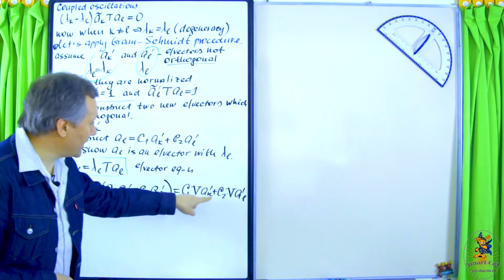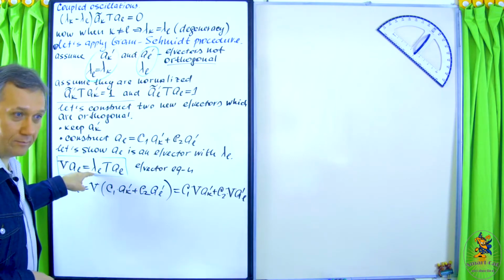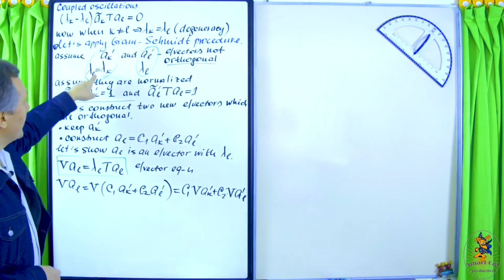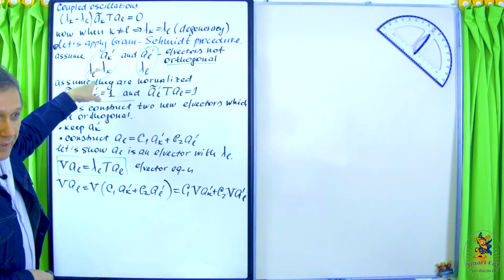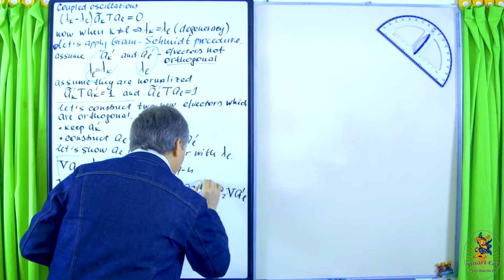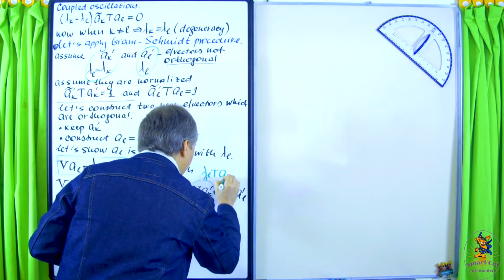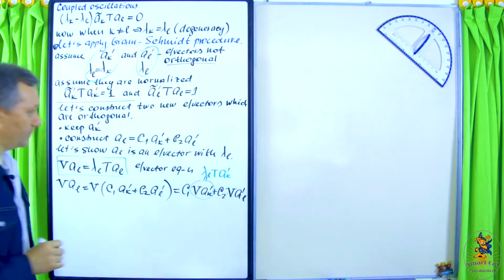So V acting on a_k prime should give us lambda K, but lambda K equals lambda L, right? So this is equal to lambda L T a_k prime, right?